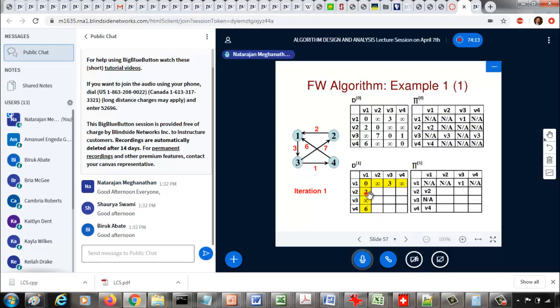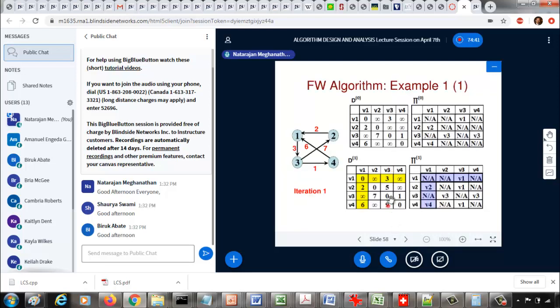In that highlighted row and column for V1, from V2 to V1 the value is 2, and V1 to V3 the value is 3. So 2 plus 3, is it less than infinity that we know currently from V2 to V3? The answer is yes. So we can put 5 as the distance from V2 to V3, and we got that by going through V1.